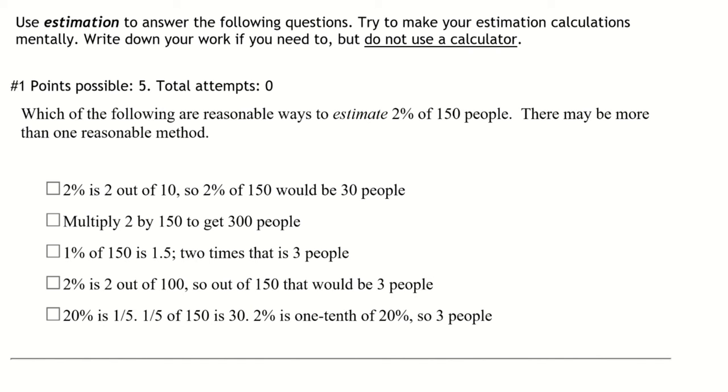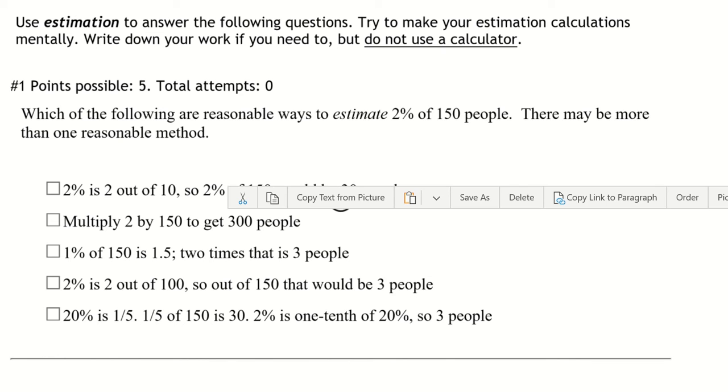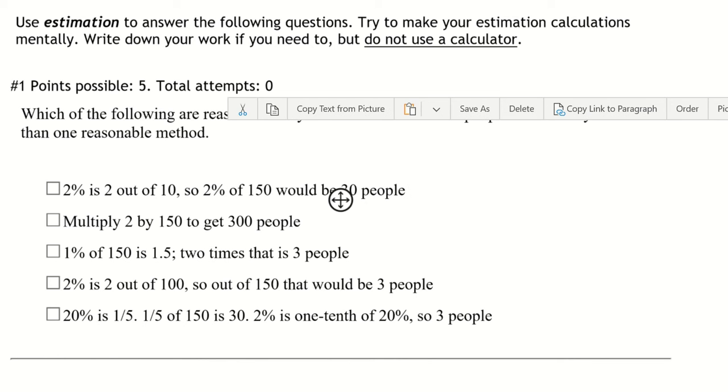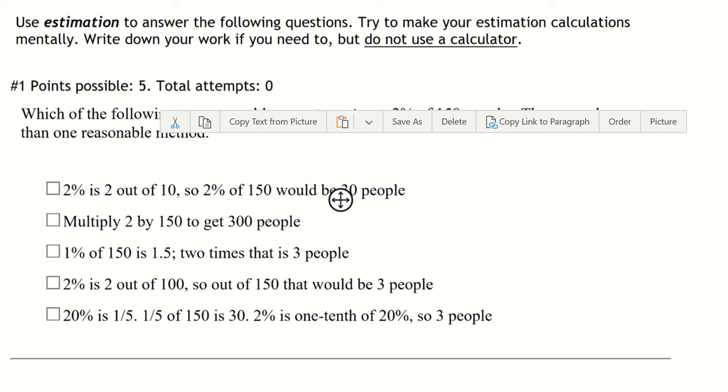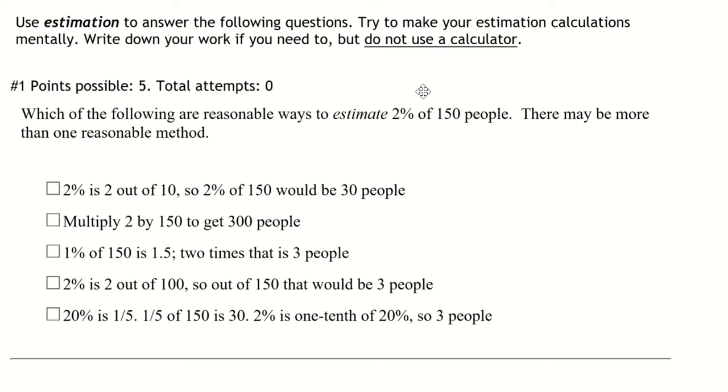So what are some reasonable ways to estimate 2% of 150 people? Well, 2% is, we know that we can move the decimal 2 times and then multiply. So if instead of moving the decimal over here, I want to move the decimal over here, I can do that too.